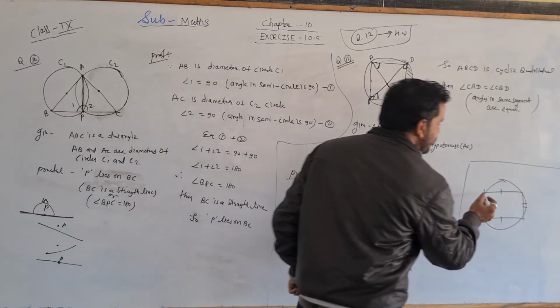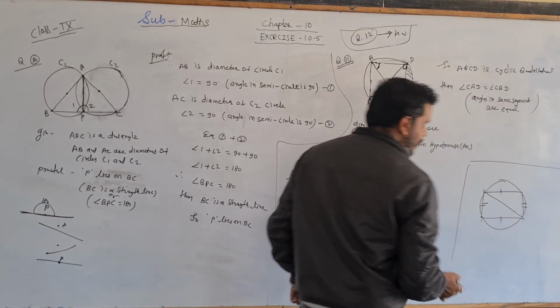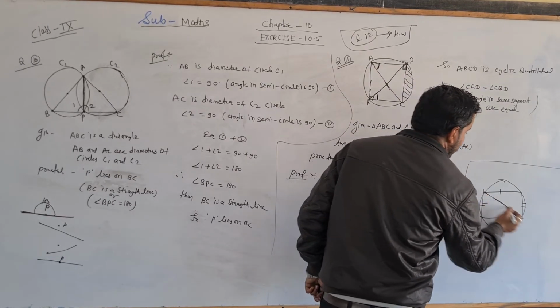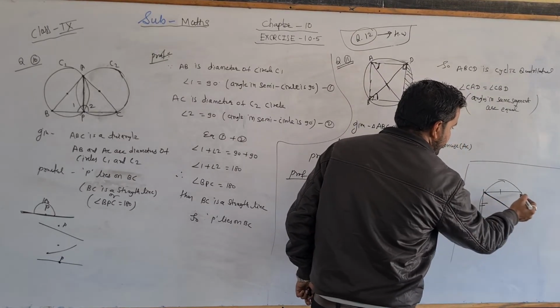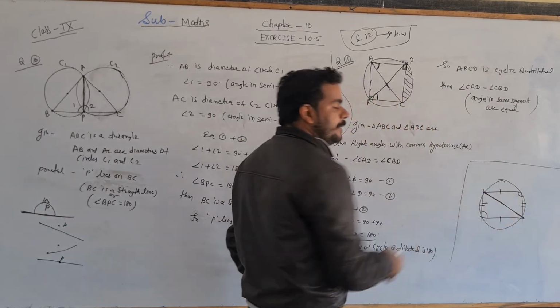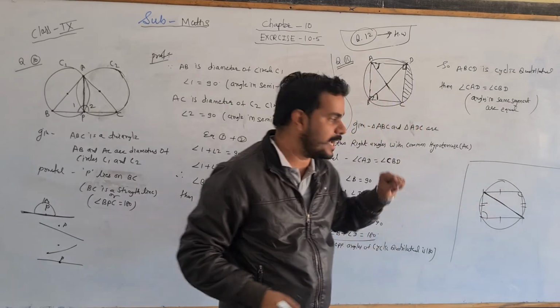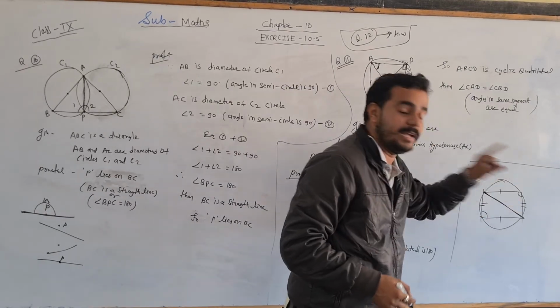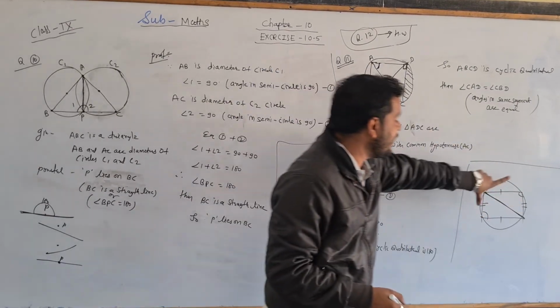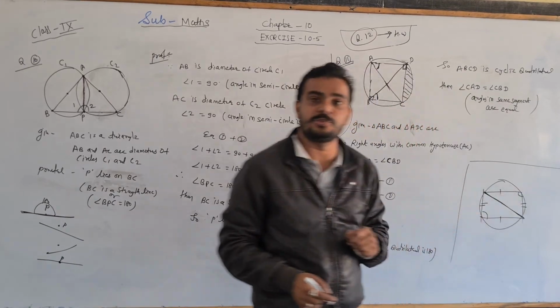It means you have to construct like this drawing, a diagonal. After that, prove that this angle is equal to this angle by proving that both triangles are congruent. Proving both triangles congruent, you will get angle A equal to angle C, which we have already done. After that, since it is cyclic, angle A plus angle C is equal to 180.